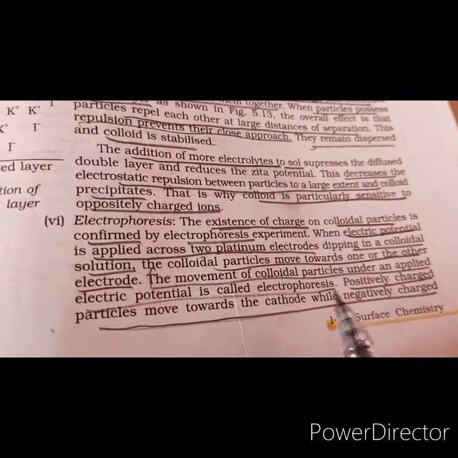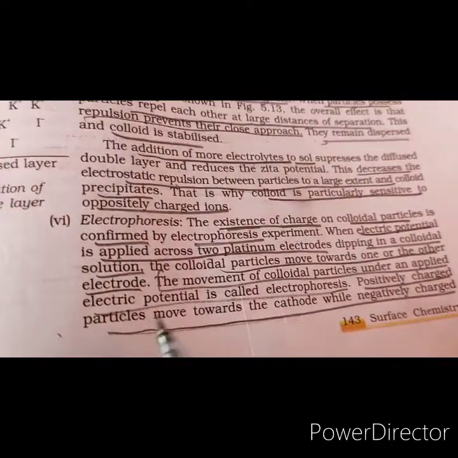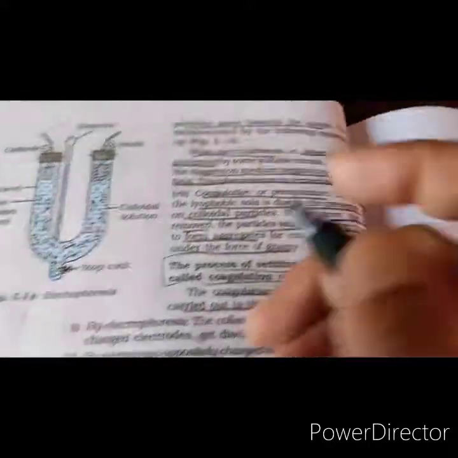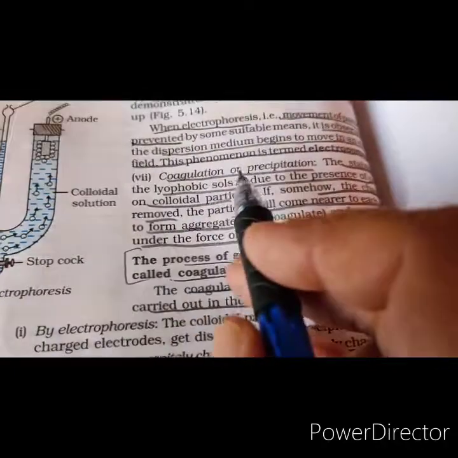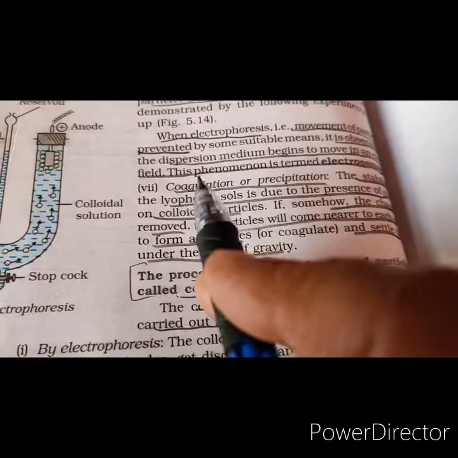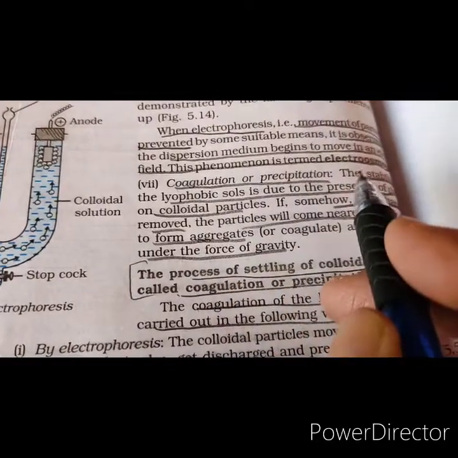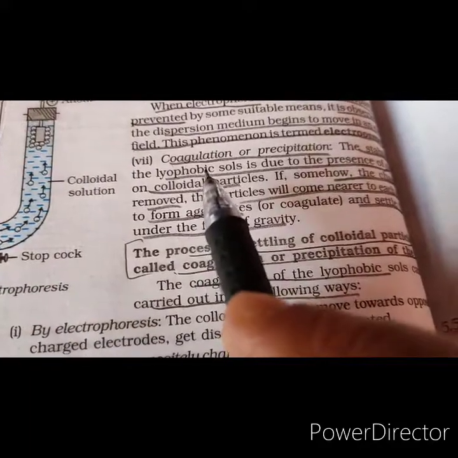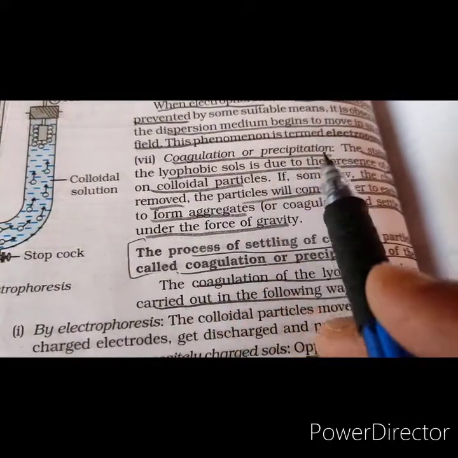This movement of colloidal particles under an applied electric potential is called electrophoresis. If this electrophoresis is prevented by certain means, then it is found that the dispersion medium begins to move in an electric field and this phenomenon is termed electroosmosis.